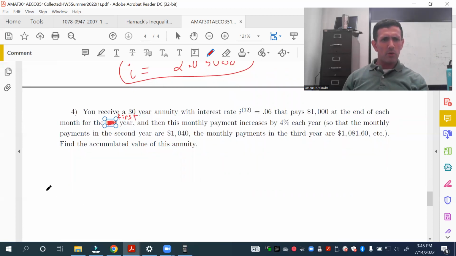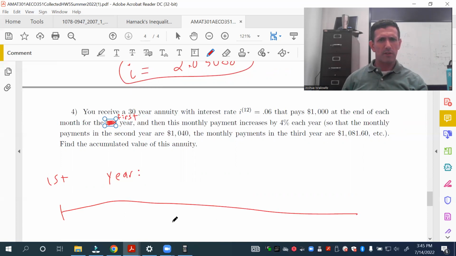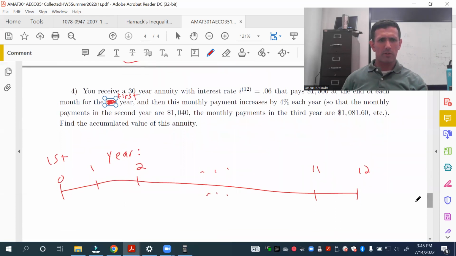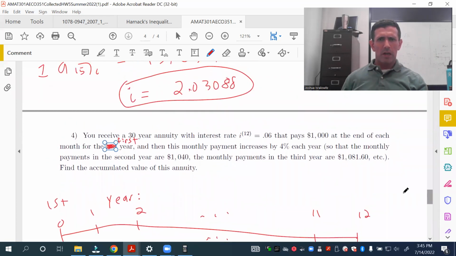All right, so let's get the accumulated value in the first year. 0, 1, 2, et cetera. So nothing special here. I-12 is 6%. You have to be mindful of what that means.